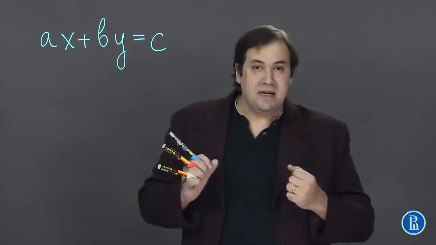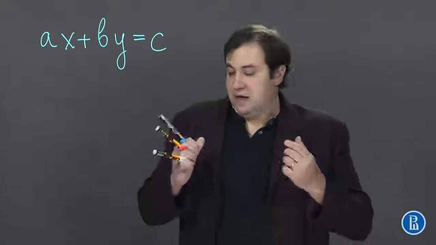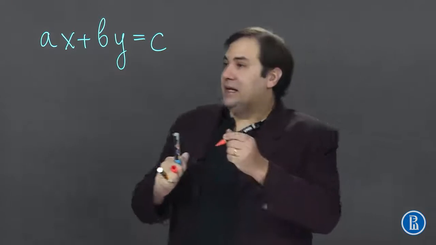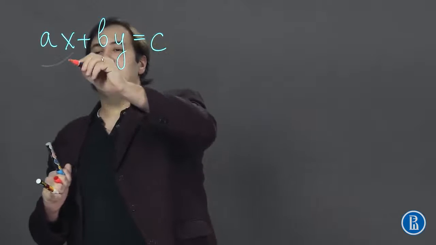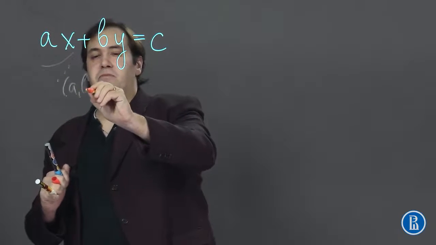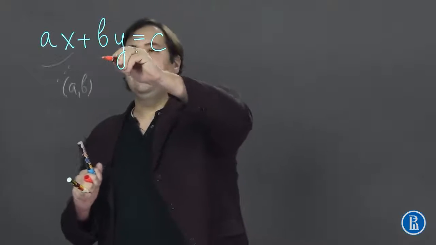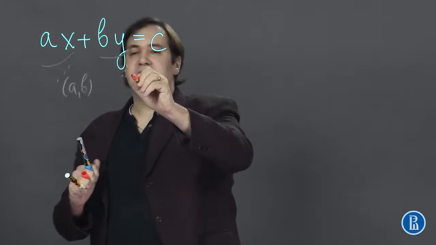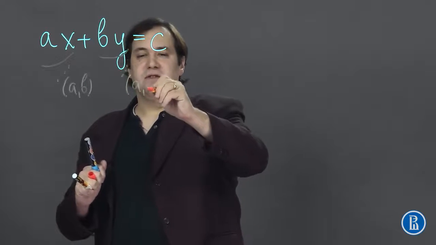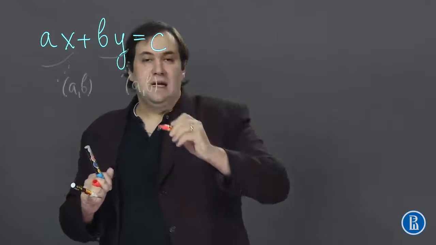What if a and b are not mutually prime? Well, in this case, ax is divisible by the greatest common divisor of a and b. And by is also divisible by the greatest common divisor of a and b.